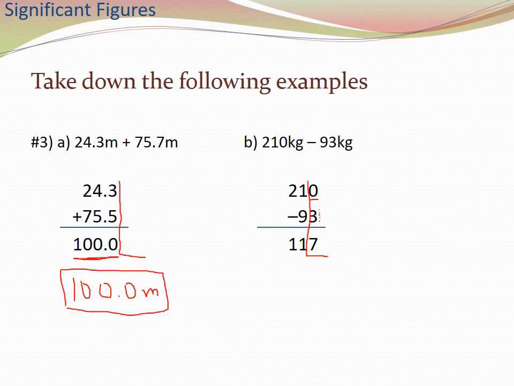We're dropping the 7, we have 1 in front. So that becomes 120, or 1.20 times 10 to the 2. And our units are kilograms. And that's it.